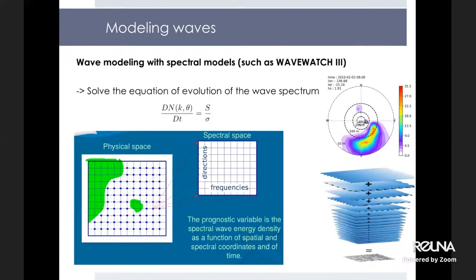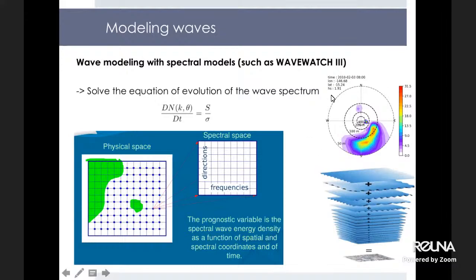So what do these models do? They solve the equation of evolution of the wave spectrum, that is, at each longitude-latitude point of the grid, there is a spectral space separated in a given number of directions and frequencies, and we solve the evolution of the energy at each direction and each frequency of this spectrum.